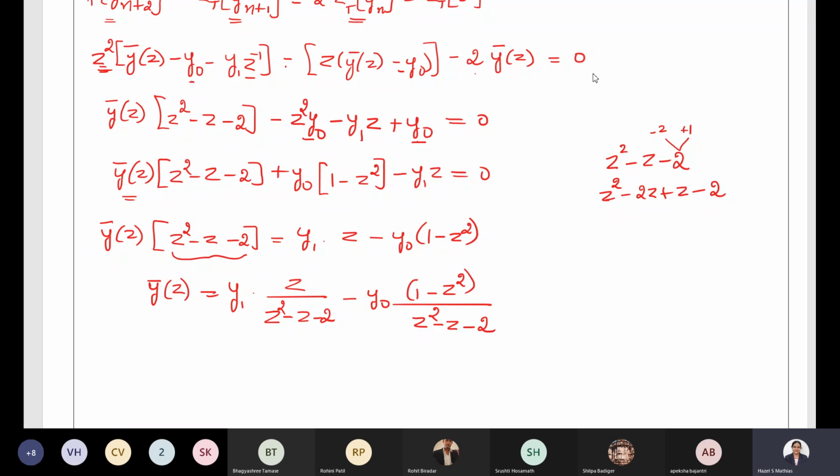Z square minus 2z plus z is minus z minus 2. So if z is common, z minus 2, and here it will be plus 1 into z minus 2. Am I correct? Z minus 2 into z plus 1. Can I split it? Yes. So z square minus z minus 2 can be split and written as z minus 2 into z plus 1. Next, what shall we do?